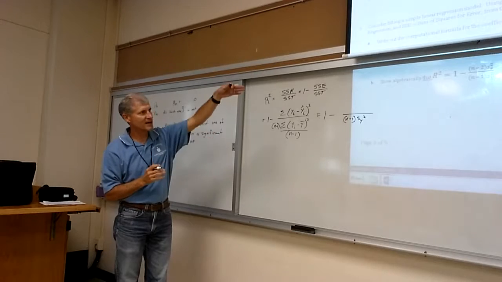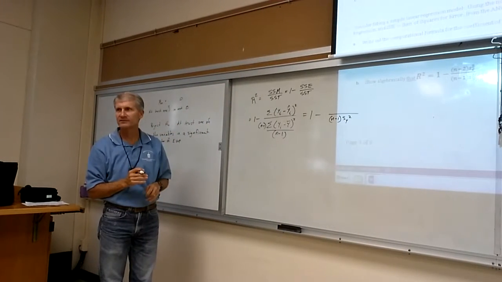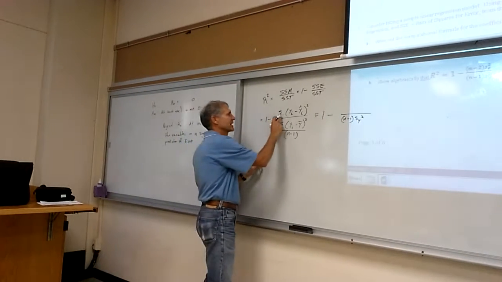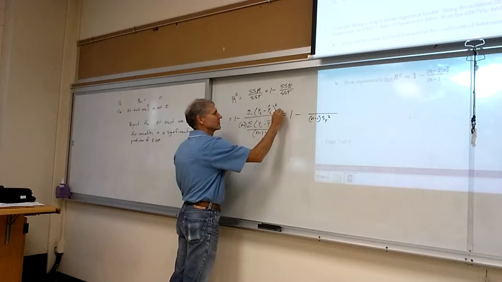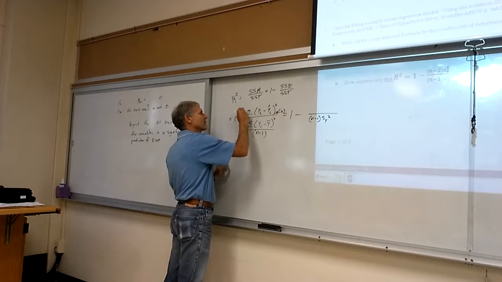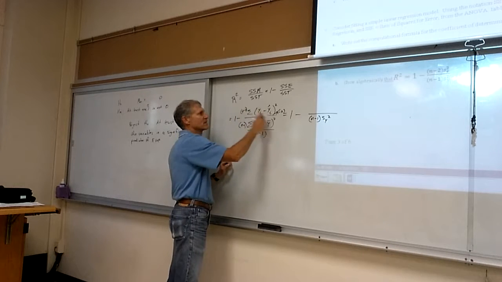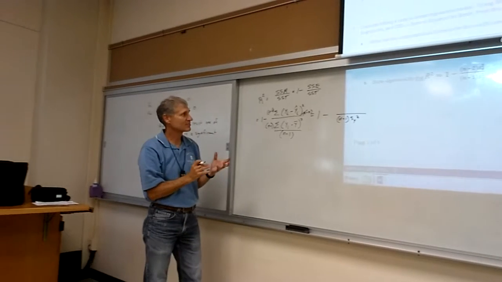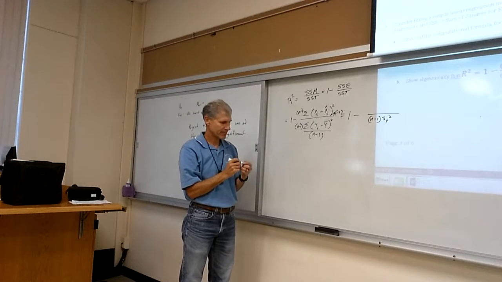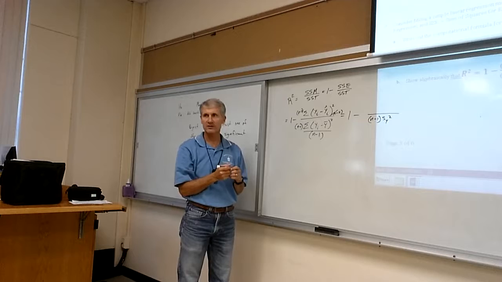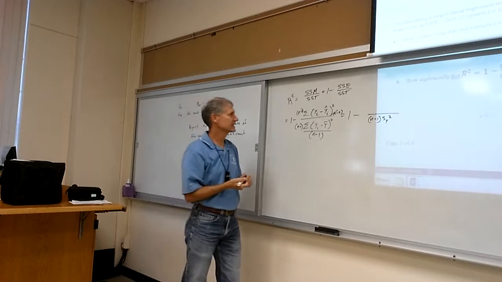And now what about the top? So I'm almost there. Same idea. If I divide this by n minus 2 and multiply it by n minus 2, I haven't changed it, but this is then the estimate of the variance of the errors. So it's SE squared.